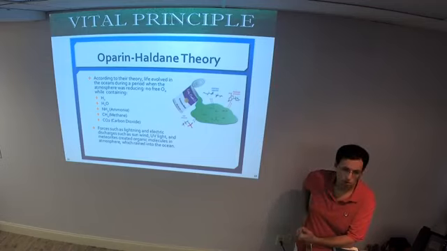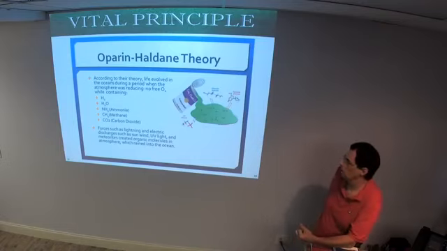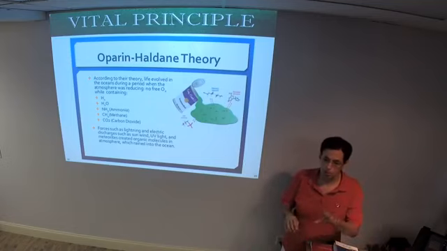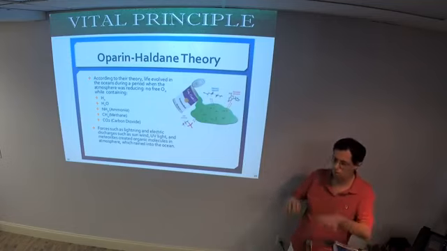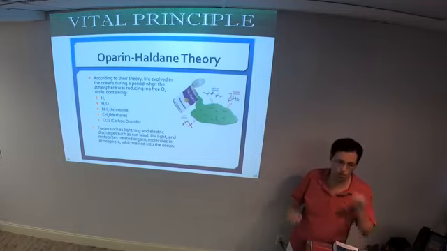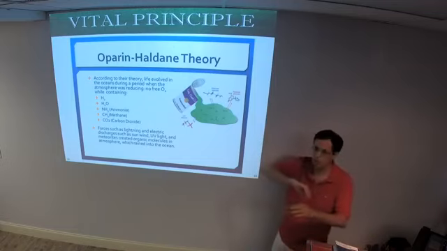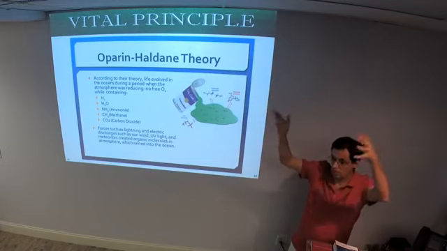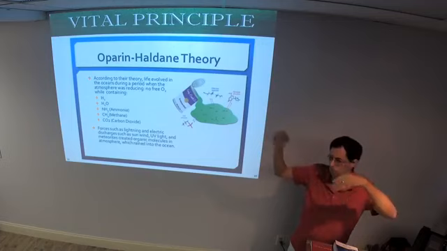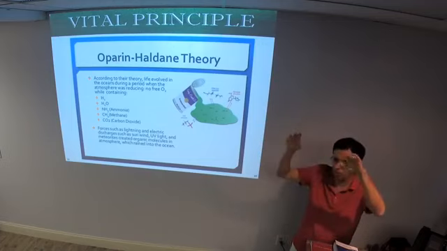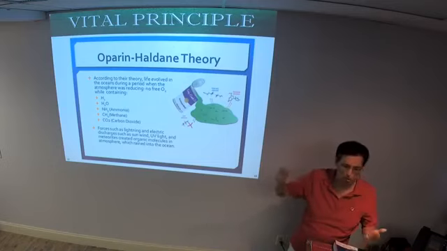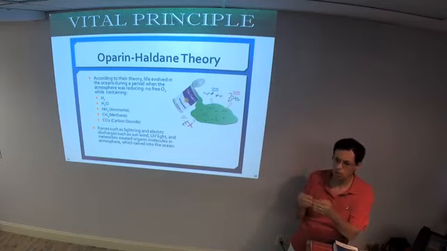Oparin was a Russian scientist, and what he said is how life started: there were all these atoms and molecules, and the environmental conditions, with the light from the sun and some electricity floating in the air with these explosions, like thunderstorms. Those generated life.